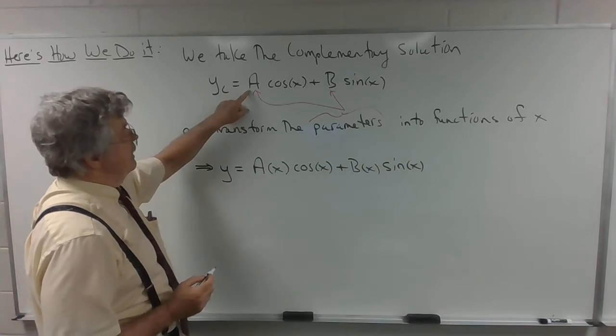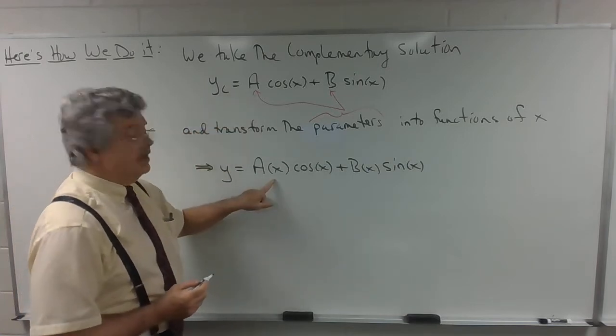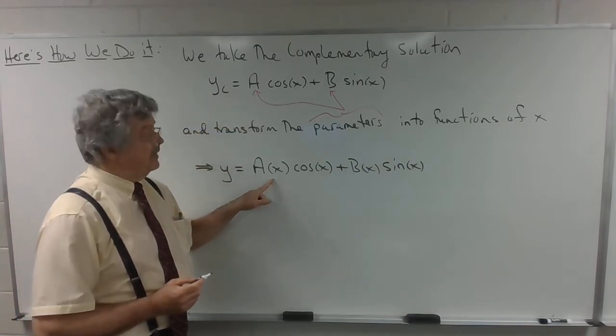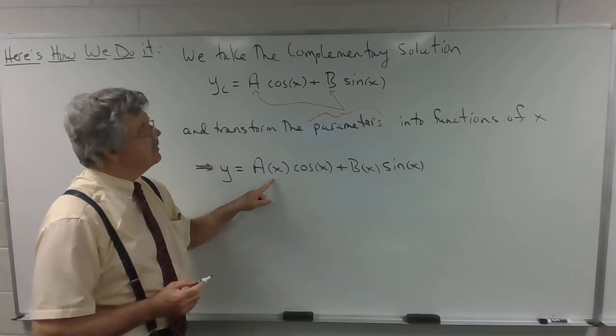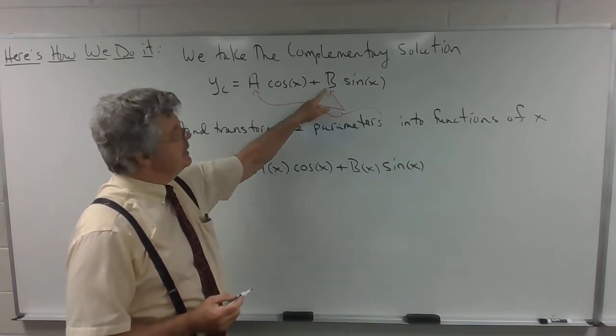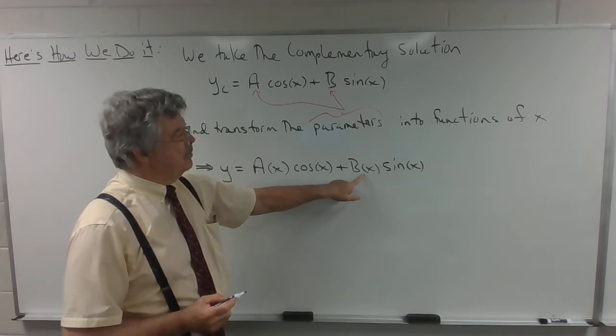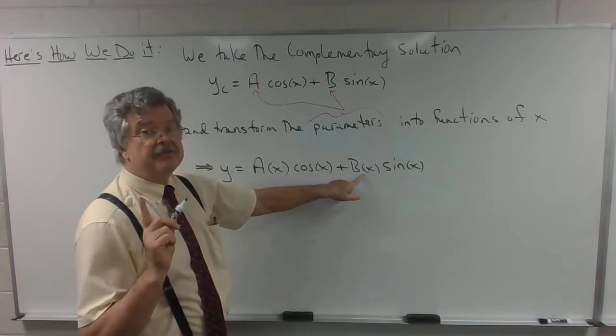So we take the parameter a, transform it into a function of x, a of x, not just a constant. We take the parameter b, transform it into a function of x, not just a constant.